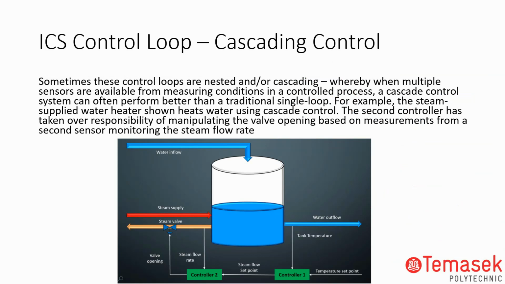So besides a single loop, it can be a cascading control, or a cascading nested loop. So it's a loop within a loop. Basically, you have some information that goes into a controller, and then you send information out. Then you have a second controller, so the second loop comes in.